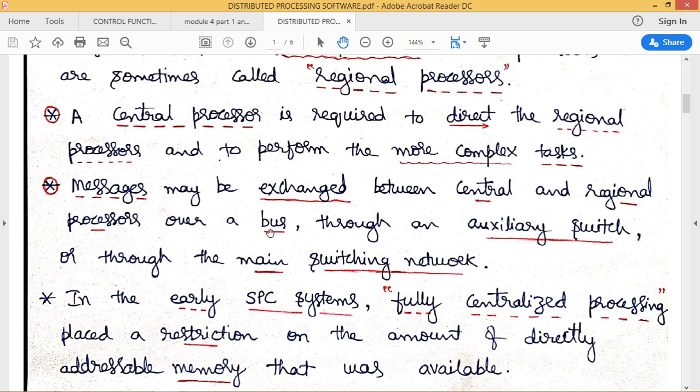Over a bus we can have message exchanges between central and regional processors, and we may also use an auxiliary switch for transmission of control signals or messages, or the main switching network. Over this switching network generally calls will be transferred. Of course, sometimes we use the same switching network for passing control signals.